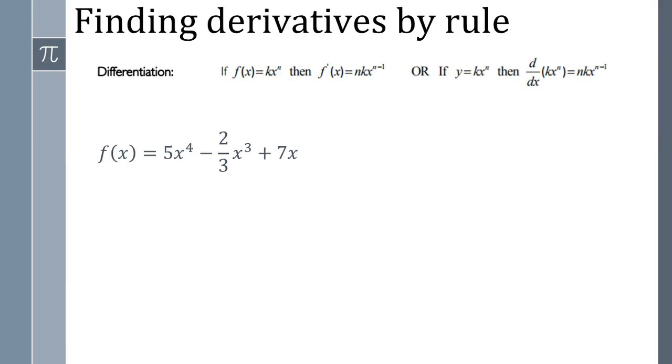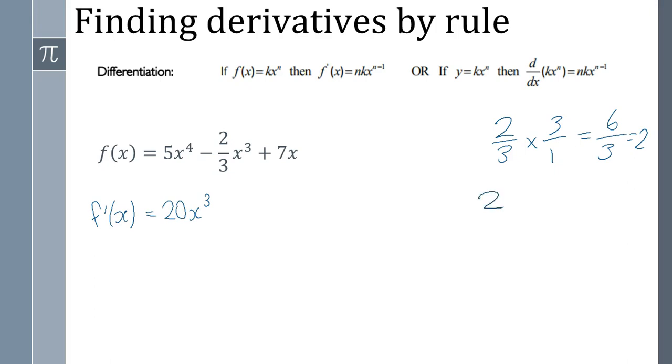All right, let's get a little more difficult. So we've got f of x. Again, we're going to use f dash x as our notation. Power times the coefficient is going to be 20. Take 1 off the power is going to be x to the power of 3. Then 3 times my fraction, so I can do this 2 ways. I can go 2 over 3 times 3 over 1 equals 6 over 3 equals 2.